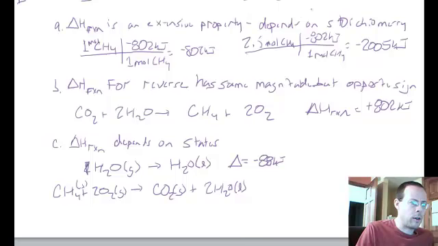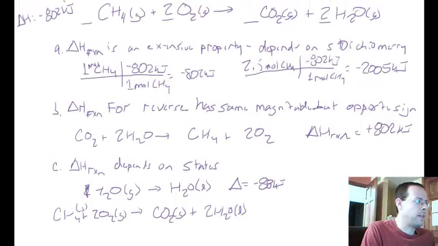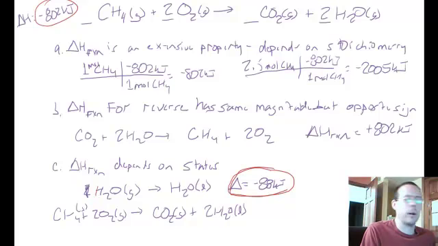If we look at our first one, which was negative 802 kilojoules, and this reaction is negative 88 kilojoules, basically this gas on our reactant side cancels with this gas on our product side, and then this liquid becomes our new water on our product side.